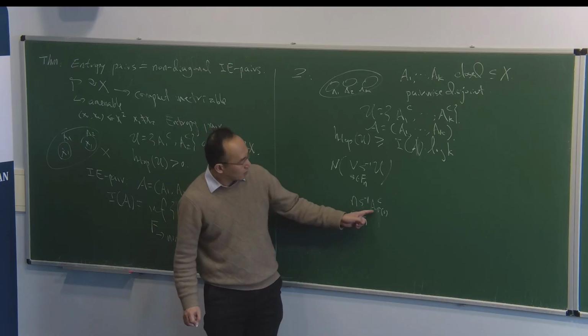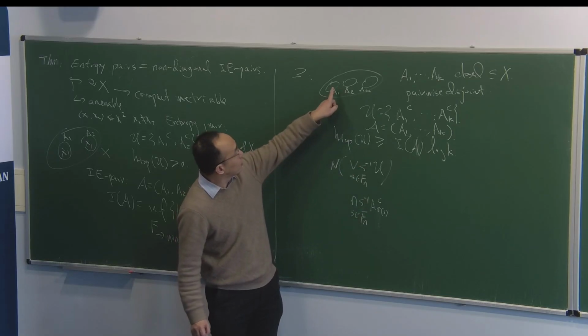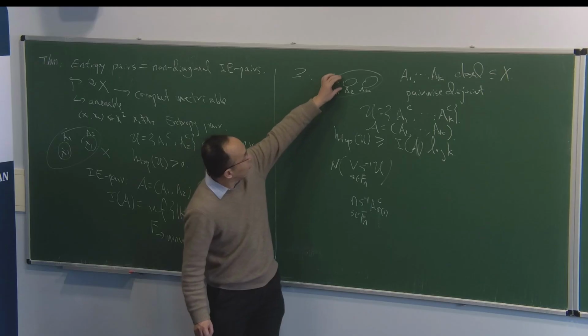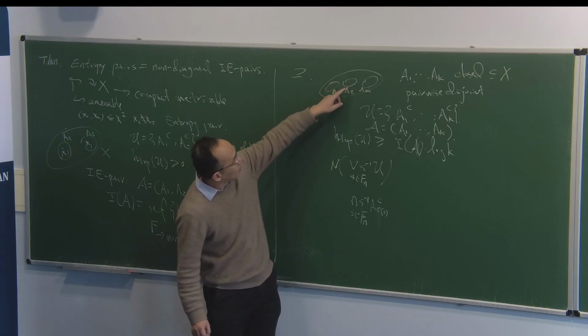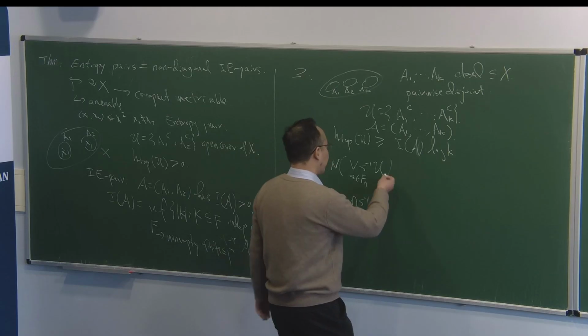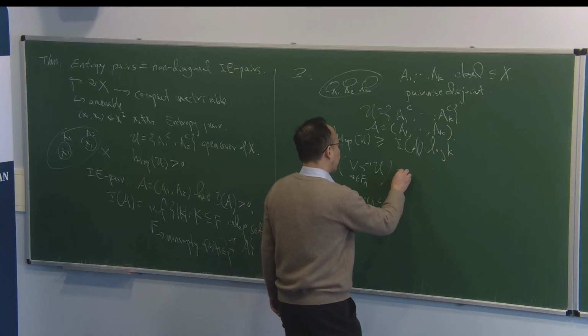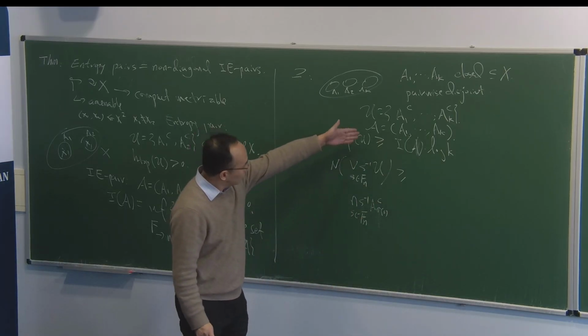Okay. But what does this mean? This means that if for each s you choose one of them, then look at the complement. But this will cover at most... maybe I see it this way. So first of all, I take one independence set there.